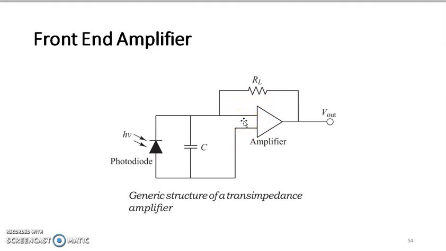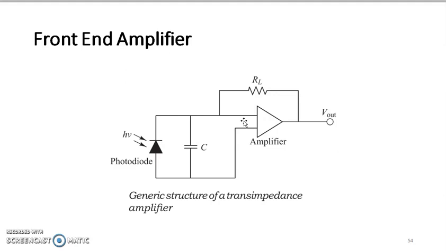Now the drawback of the high impedance amplifier is that bandwidth reduces. To improve on this drawback, we can design a transimpedance amplifier.